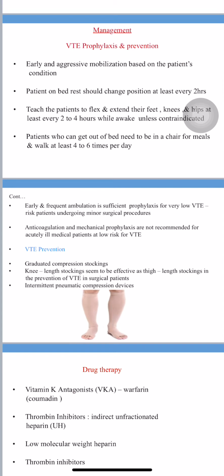Next is venous thromboembolism prevention, which can be achieved by using graduated compression stockings. These are part of prevention in hospitalized patients, and properly fitted compression stockings may reduce the risk for venous thromboembolism.